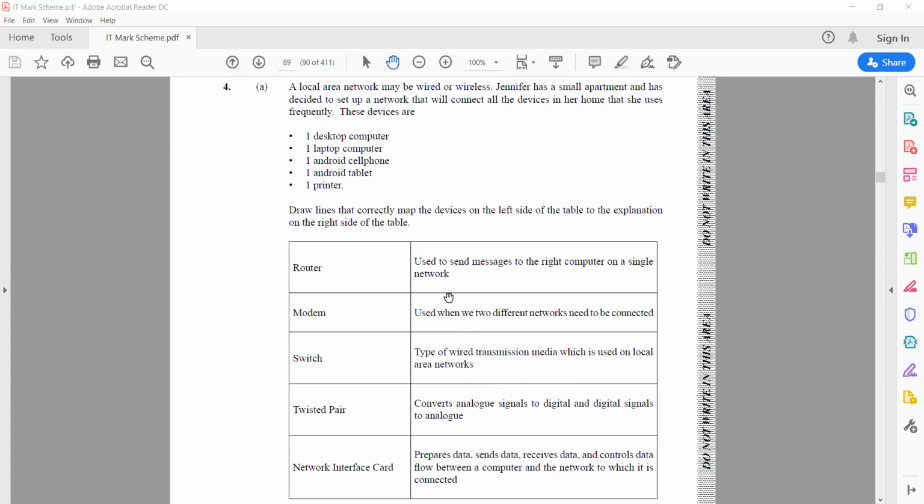So, for example, 1 will be used to send messages to the right computer on a single network. 2 would be used when two different networks need to be connected. Remember, put the answers in the chat.